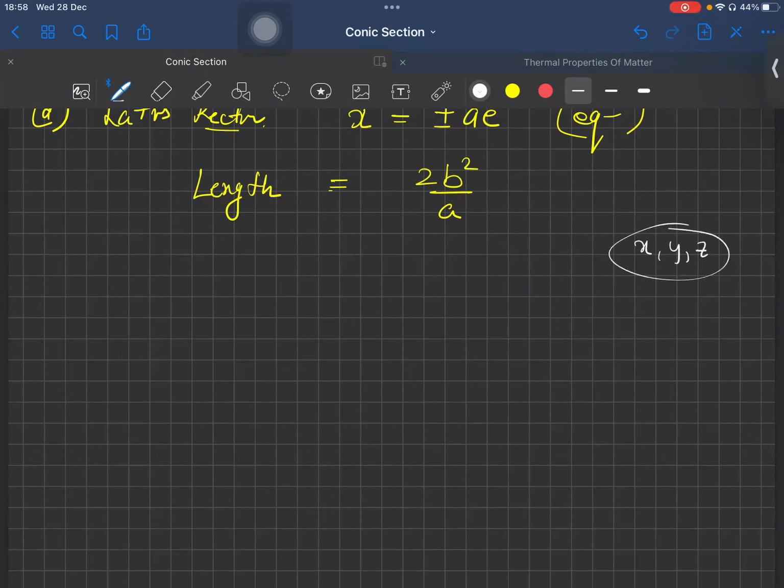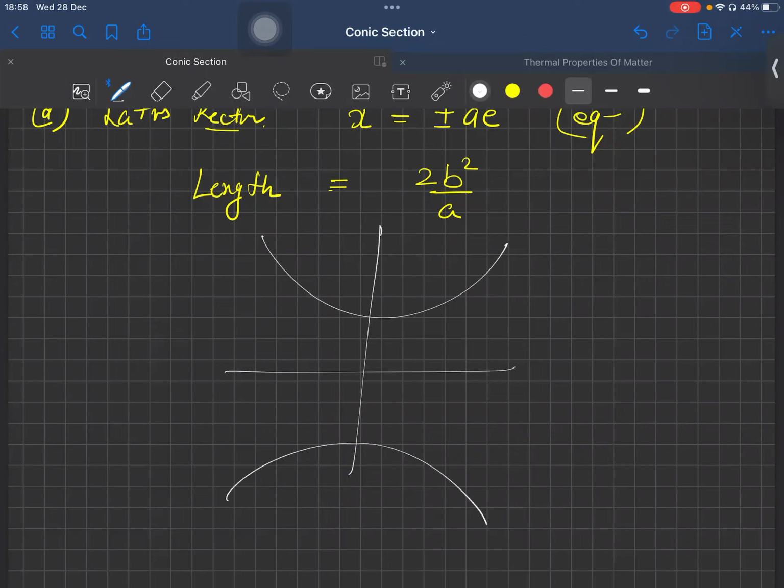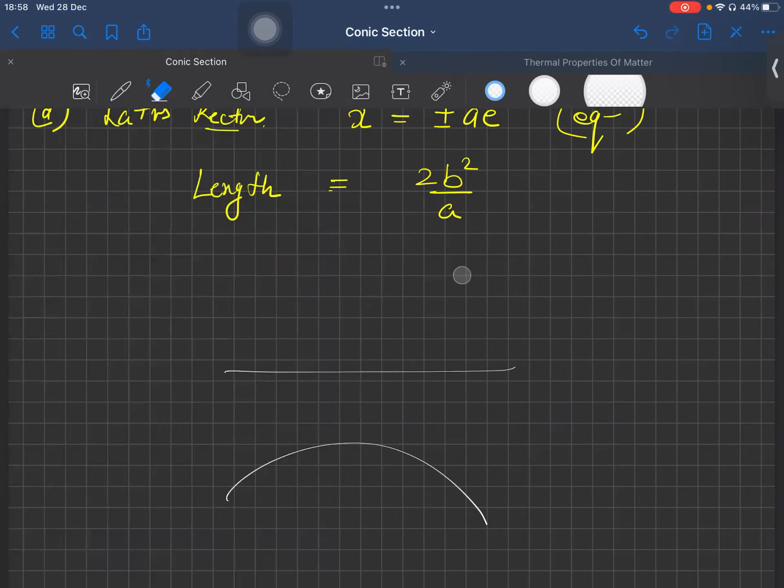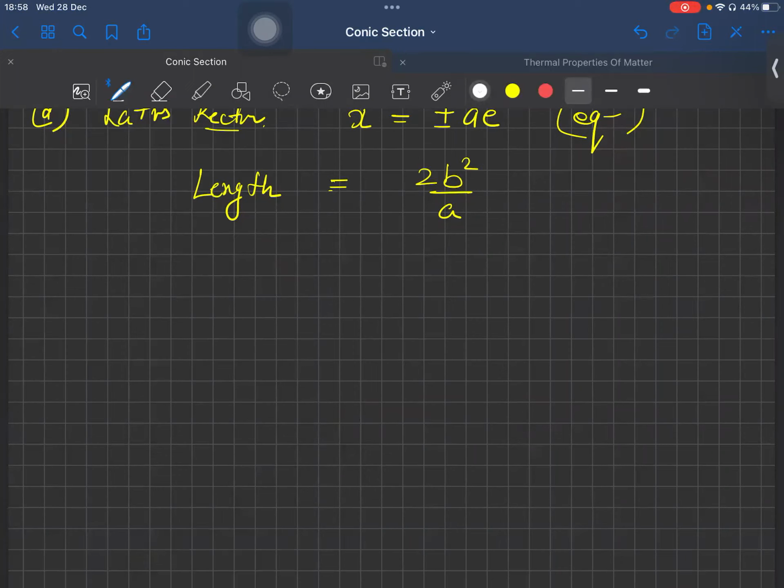There are parabolic and hyperbolic coordinate systems too, which you will learn later. Similarly, you can have a hyperbola in this shape, and you can calculate all those values there also. We'll see that, but not today.